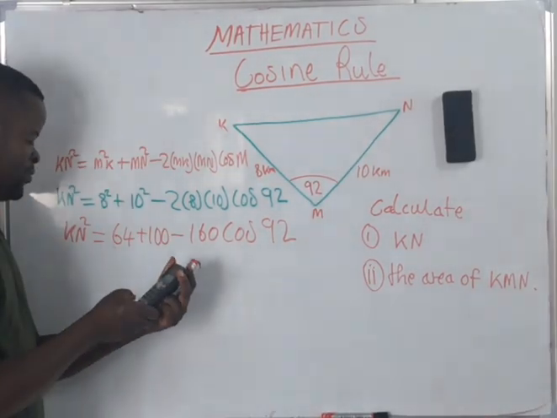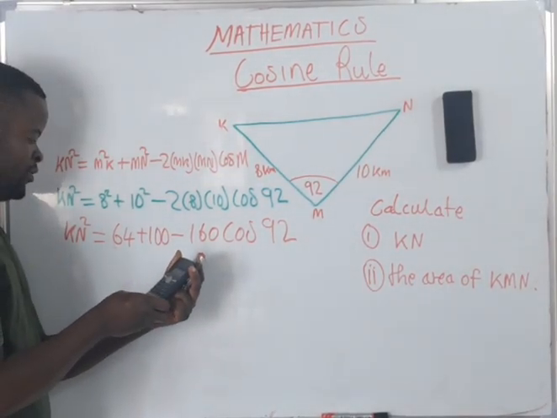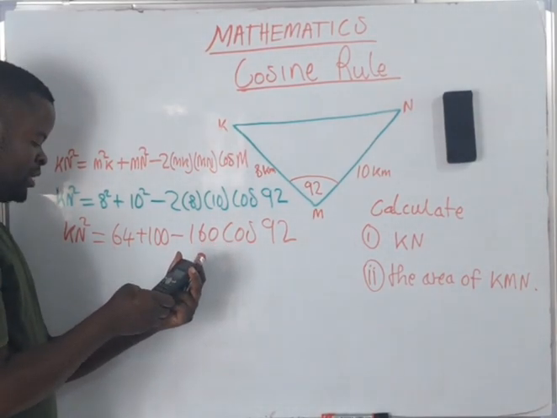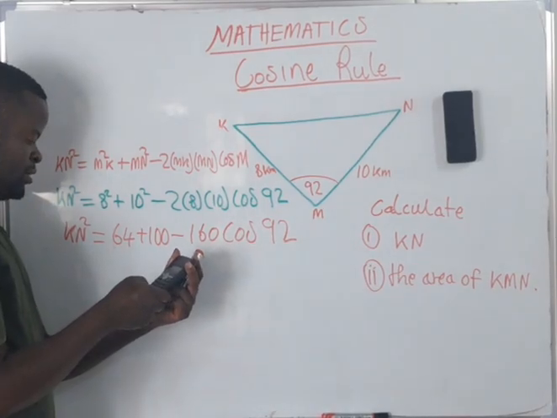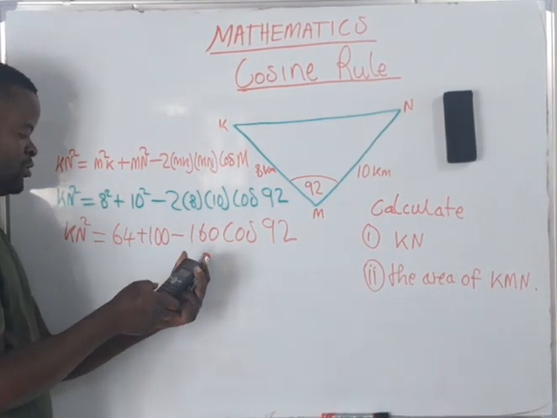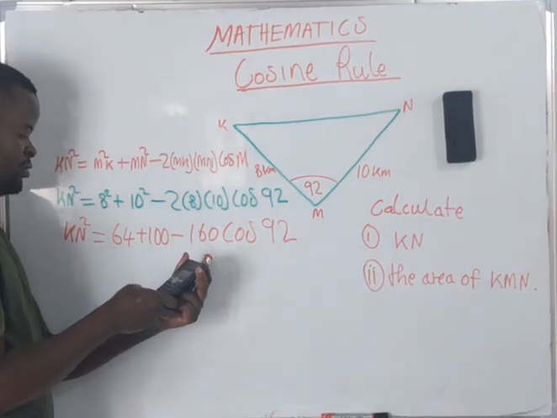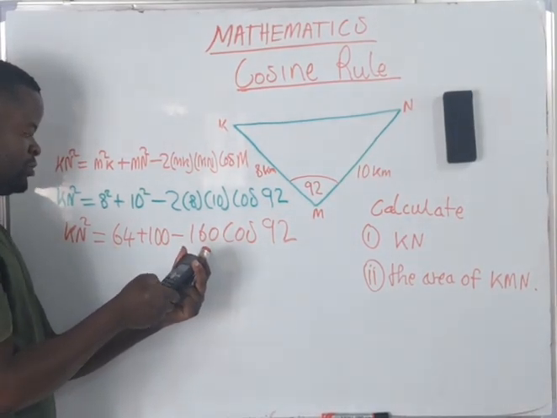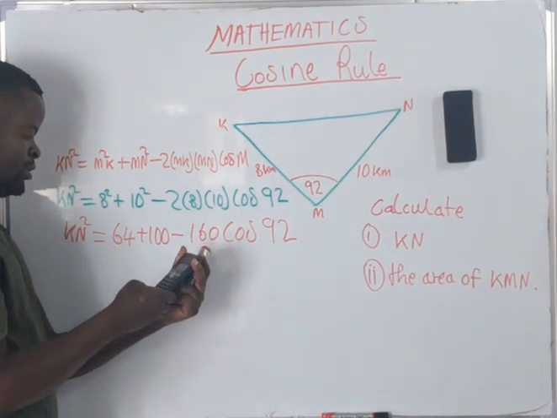So what are we saying? We are saying 64 plus 100 minus 160 cos 92. So cos 92.